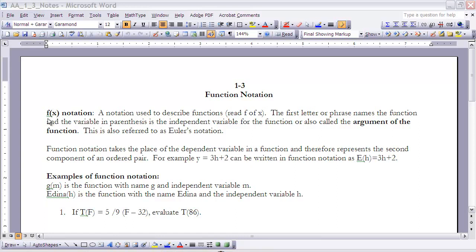So the f of x basically takes the place of the dependent variable. Function notation takes the place of the dependent variable in a function and therefore represents the second component of the ordered pair. For example, if we have y equals 3h plus 2, that can be written in function notation as e of h equals 3h plus 2.